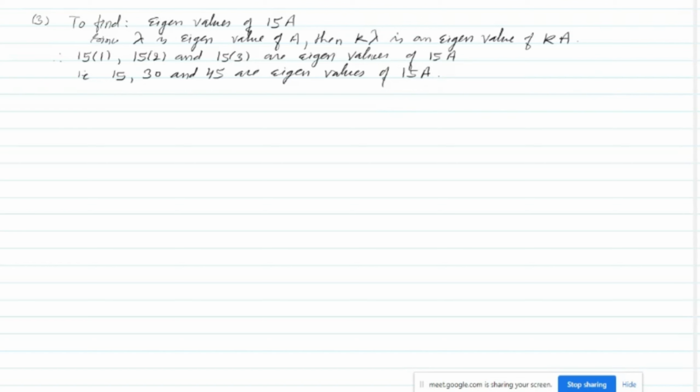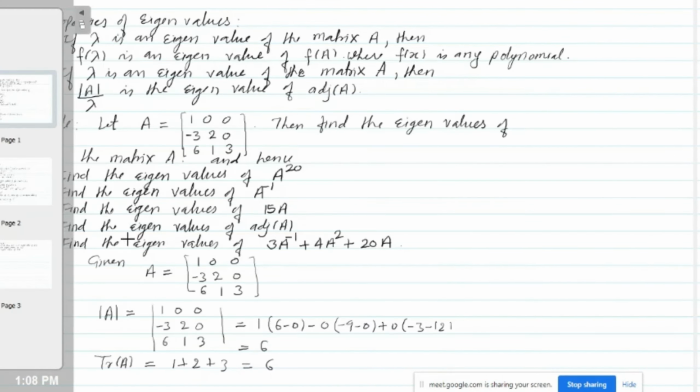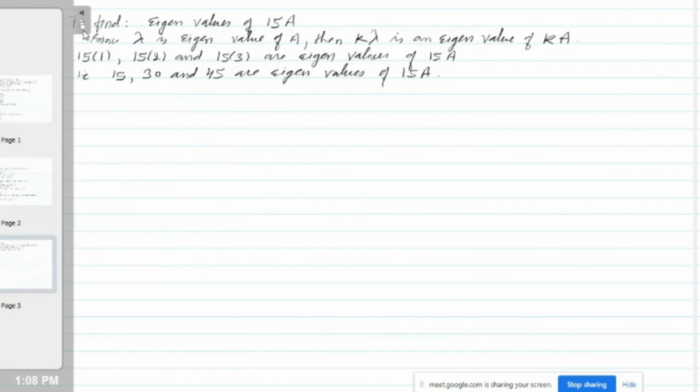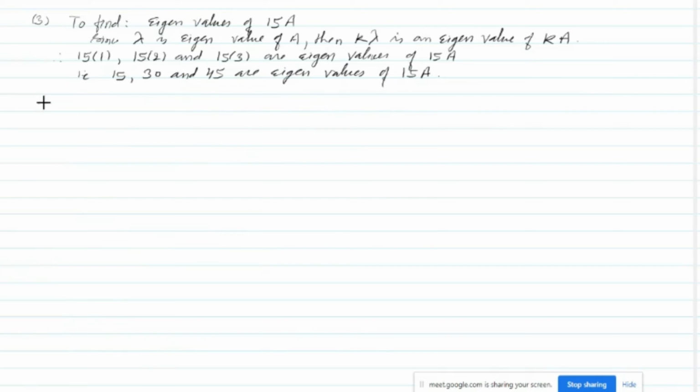Now similarly you can find the next one. Find the eigenvalues of adjoint of A. This part is number 4.